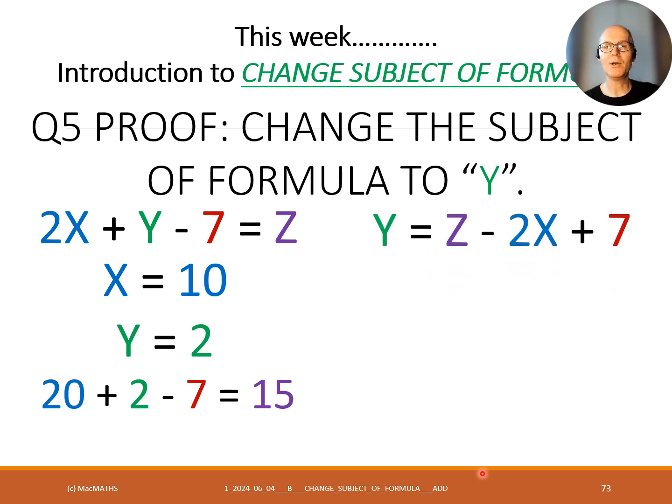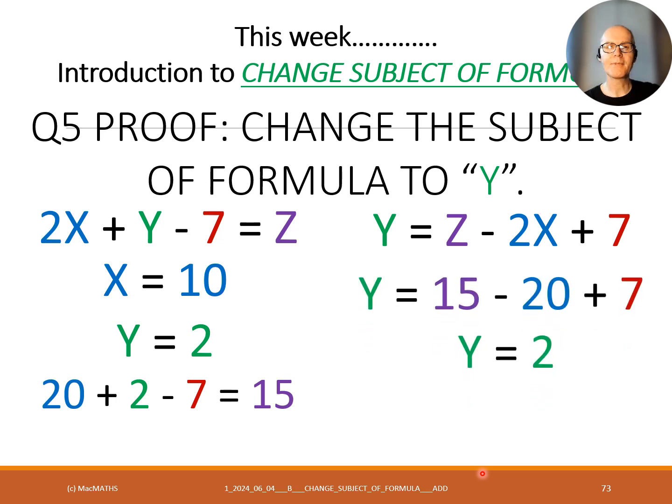Let's see if our changed subject formula, y equals z minus 2x plus 7, works out and is balanced. y equals 15 minus 2 times x, being 2 times 10, which is 20, plus 7. 15 minus 20 is minus 5, minus 5 plus 7 is 2.